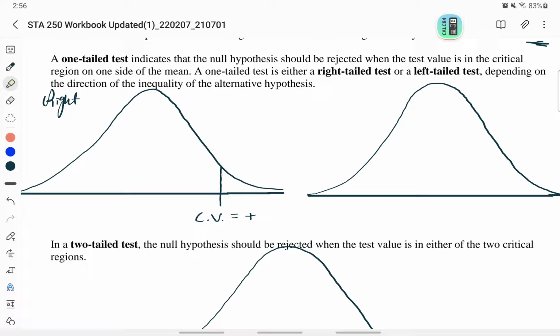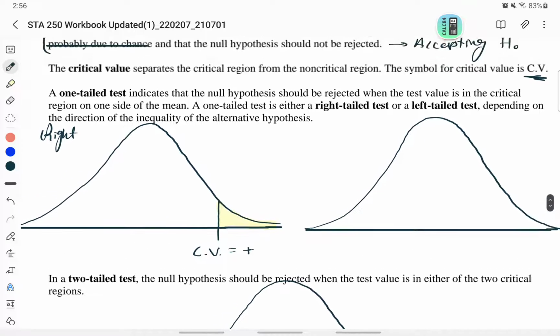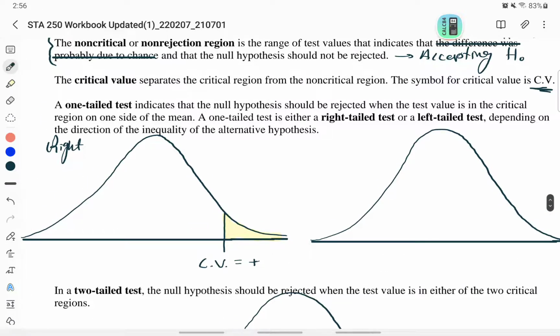Now I'm going to shade into the tail. And this is a right-tail test. Now, the shaded region right here, we call this area the critical region. Let's go up here, critical region. And the non-shaded area is the non-critical region.